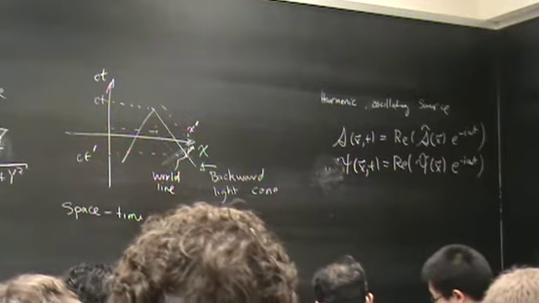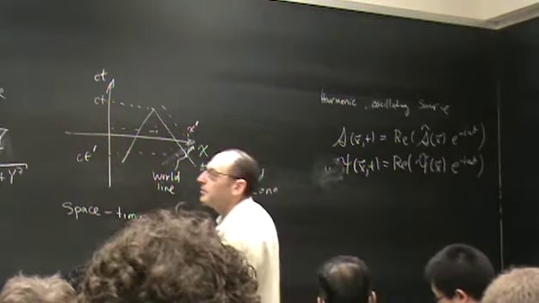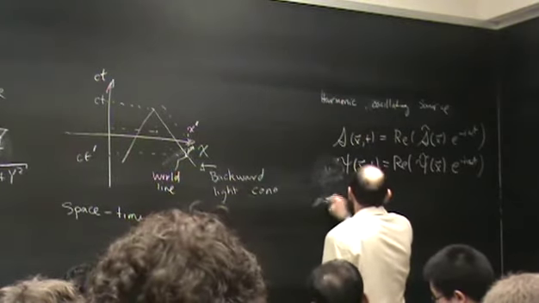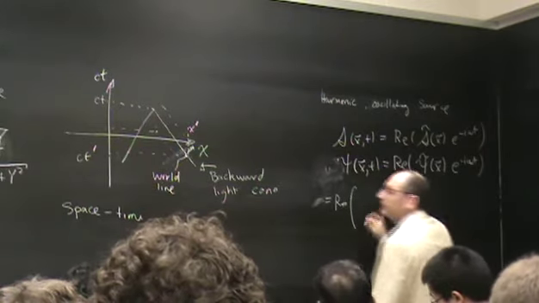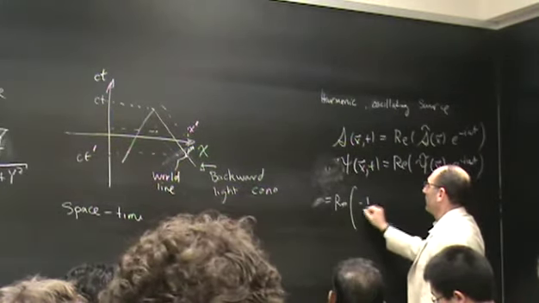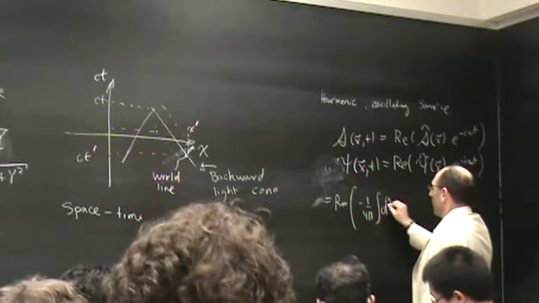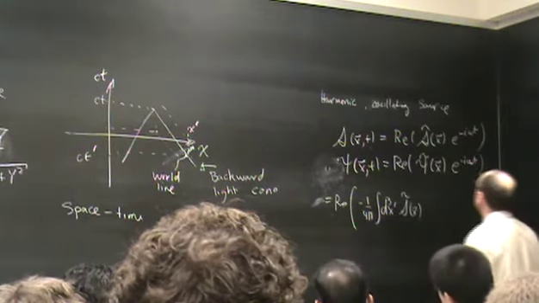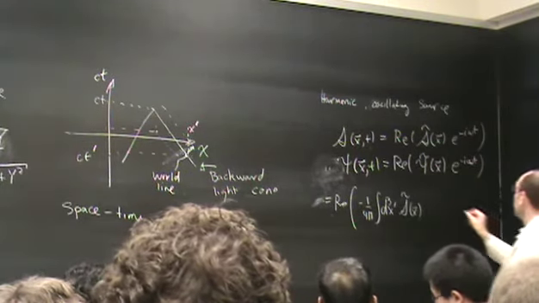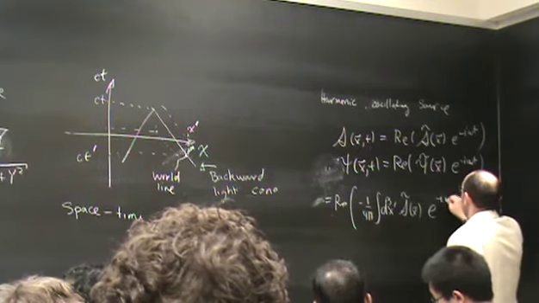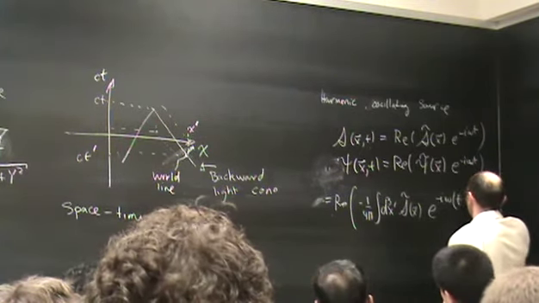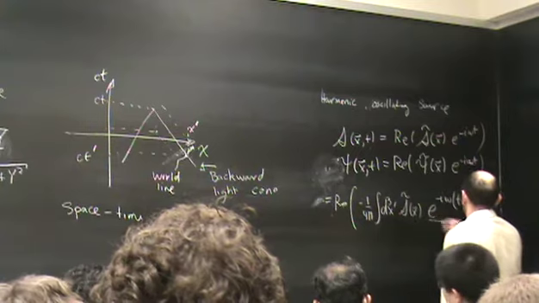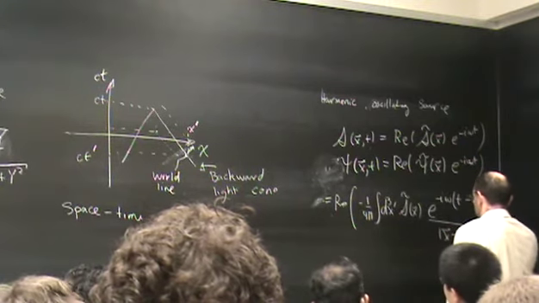So I can now plug this source into this problem. That says this is equal to the real part of minus 1 over 4 pi, the integral over all space, of the source complex amplitude at that position, times e to the minus i omega times the retarded time. The retarded time is t minus the magnitude of x minus x prime over c, divided by the magnitude of x minus x prime.